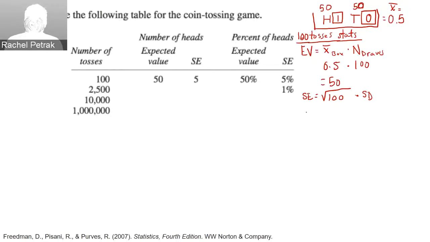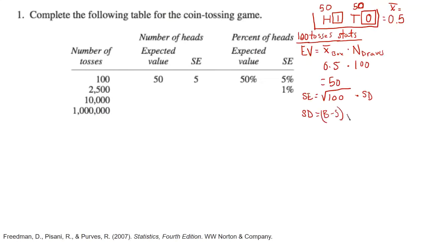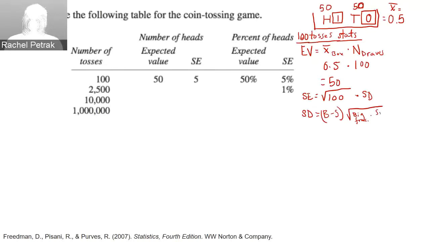If we want to look at the standard deviation for this box, remember we can use our shortcut here. So it's big minus small times the square root of the big fraction times the small fraction. One minus 0 is always 1, times the square root of 0.5 times 0.5.